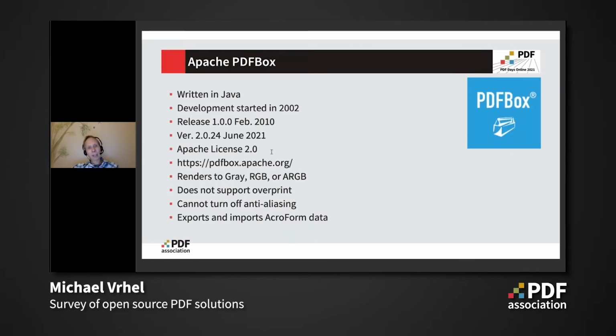It uses the Apache license. The web address is pdfbox.apache.org. It renders to gray, RGB, and alpha RGB. I couldn't find any capability to do CMYK. It does not support overprint. I couldn't figure out how to turn off anti-aliasing, and it does have the capability to export and import AcroForm data though.